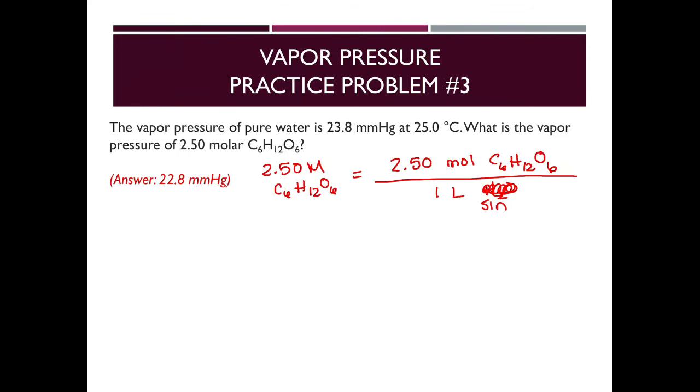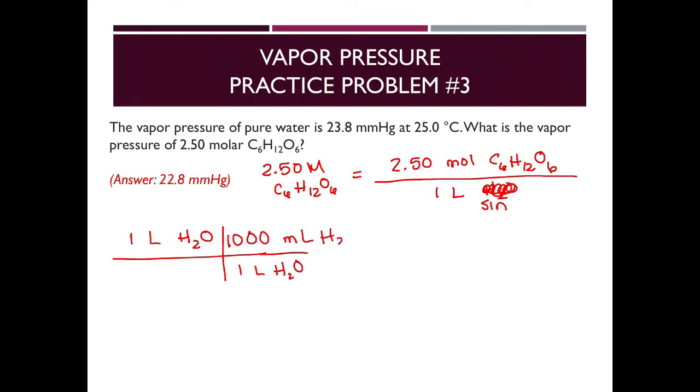But here, like I said, because most of the volume is water, we're just going to use that. So we have 2.50 moles of sugar, and we can take this 1 liter of solution and use it as our 1 liter of water. For every 1 liter of water, I have 1,000 milliliters of water.